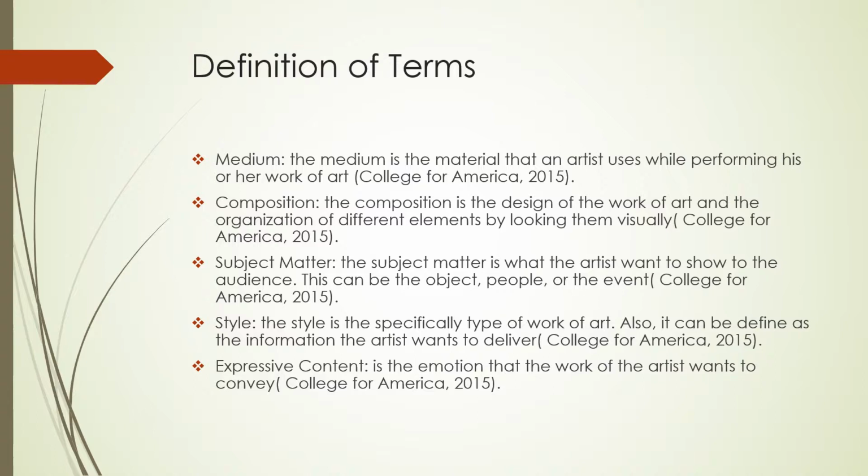And lastly, surrealism is when the artist creates things which are not real or not in natural ways. And the last term is expressive content. The expressive content is the feeling of the work or the emotion that the subject matter is showing or conveying.